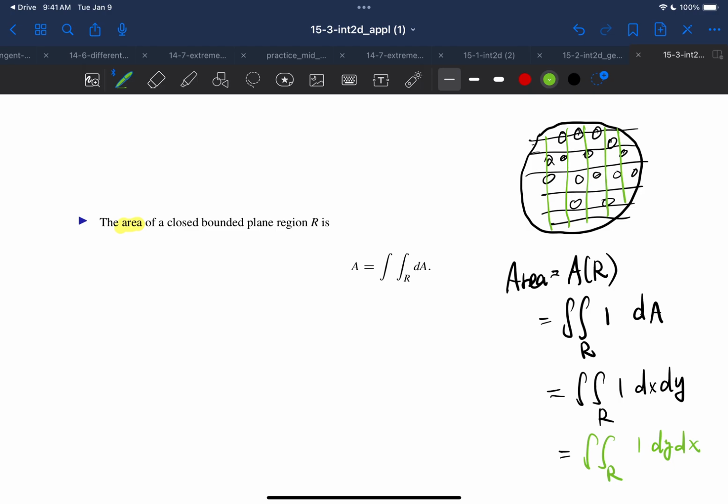The only thing you need to make sure is when you want to compute the area of a region, you put 1 as the integrand. In other words, you're collecting coins with face value 1.